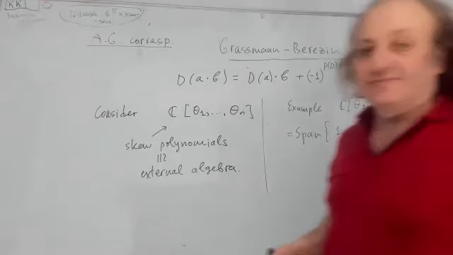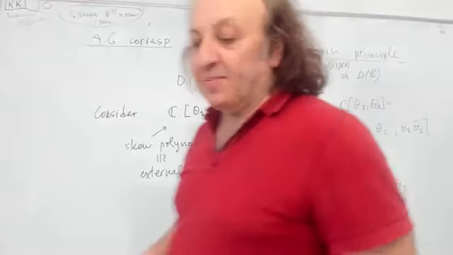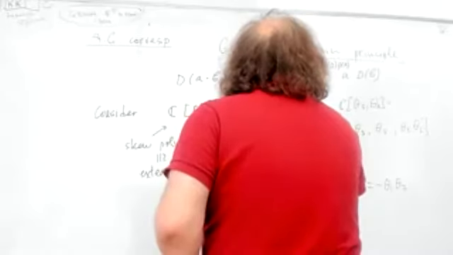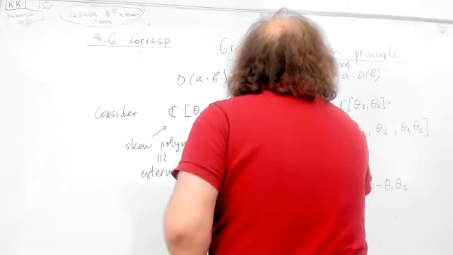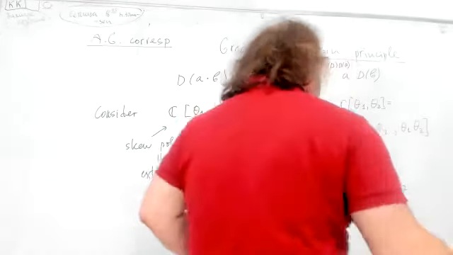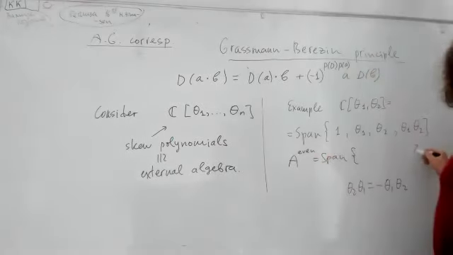Let me ask you, what is the A even of this algebra? It is the span of what? Who will answer? Of 1 and the product of theta 1 and theta 2.